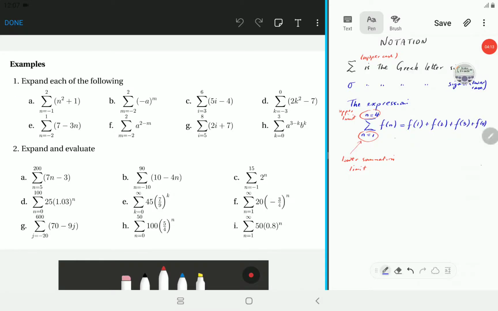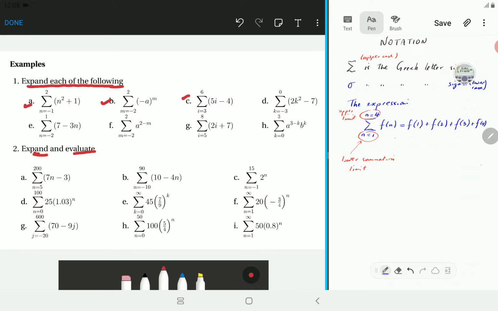Okay, so in this first example here in number 1, we are expanding. So it says expand each of the following summations. We're going to do A, B, and C. Then we are going to go to number 2, and number 2 says expand and evaluate.